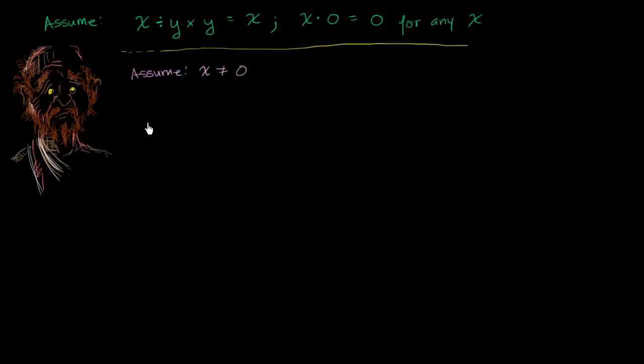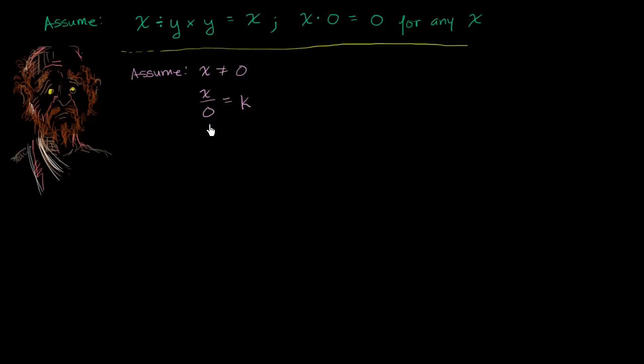And let's just say, well, maybe the best way of finding out what x divided by 0 should be, how I should define it, is just assume that it's defined and then come up with any results that I might, or maybe I'll even be able to solve for it. So let's say that x divided by 0 is equal to, well, I'll use a different letter just to not get you confused with this up here. Let's say that it is equal to k.